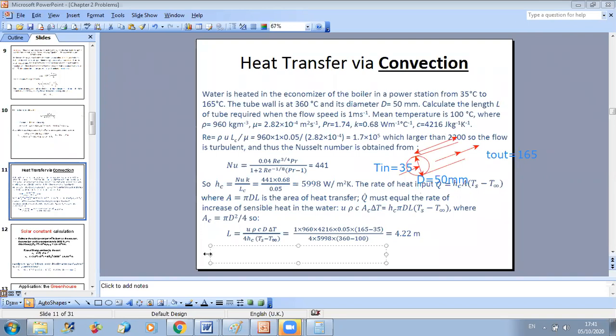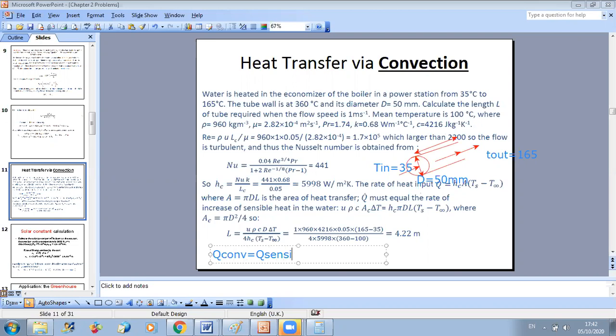Whenever you have a problem with steady state condition, you can say that Q, the heat that is absorbed, you don't have any storage of heat inside water. You just have Q convection is equal to Q sensible, which is the sensible heat that will be absorbed by water in order to increase in temperature from 35 to 165.